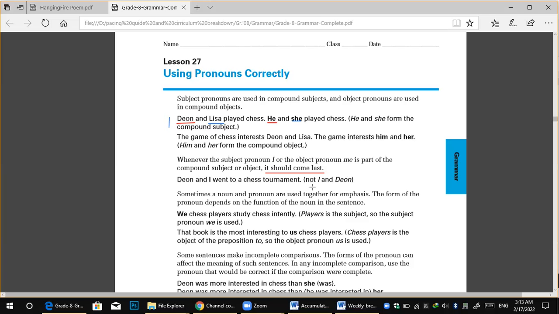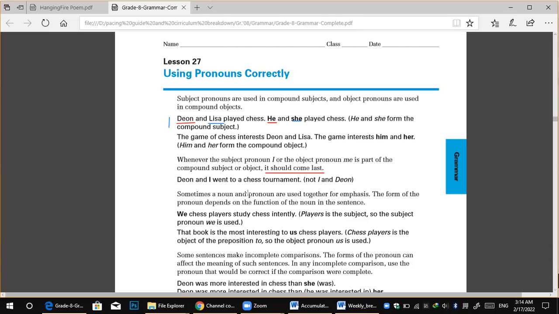So here it is Dion and I. So I cannot say I and you. Why? Because I is preferable to come at the end of the sentence. It should come last.